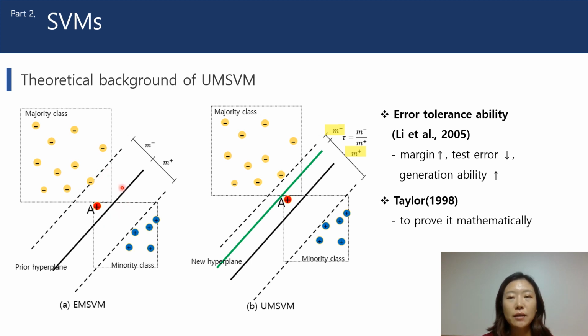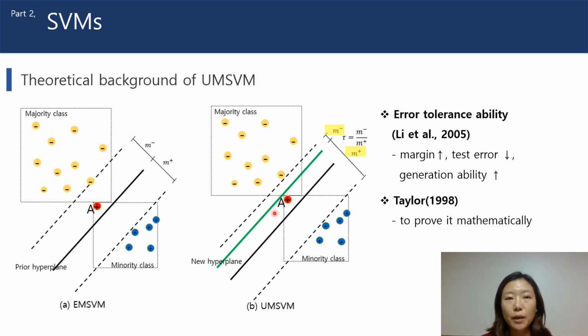And the large A is originally one of the minority class, but is misclassified into the majority class based on the hyperplane of EMSVM. UMSVM sets a new hyperplane, the green line, by moving the hyperplane in the direction of the majority class using tau, as shown in figure B. In figure B, the large A is correctly classified as the minority class.